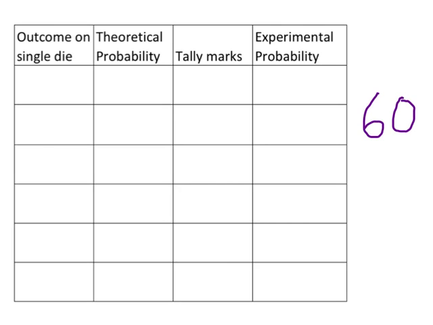While you are rolling, you're going to keep track of your results in this column here where it says tally marks. And then in the end, you will get your fractions, or you'll create your experimental probability based on the actual results you got here. And then we'll compare the theoretical probability to the experimental probability.